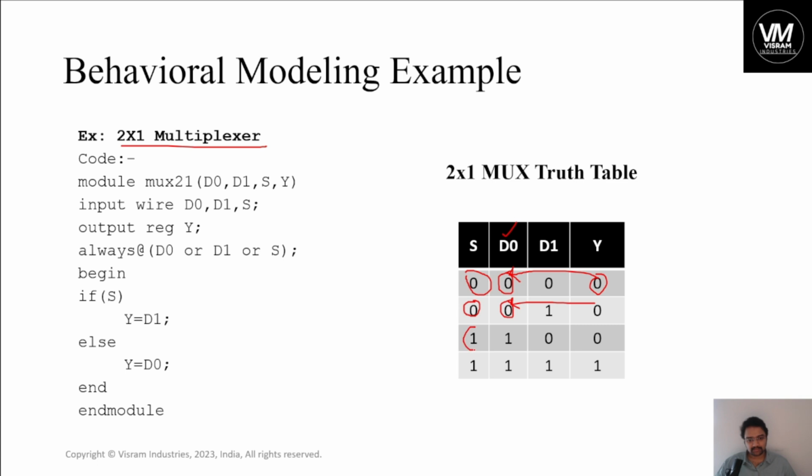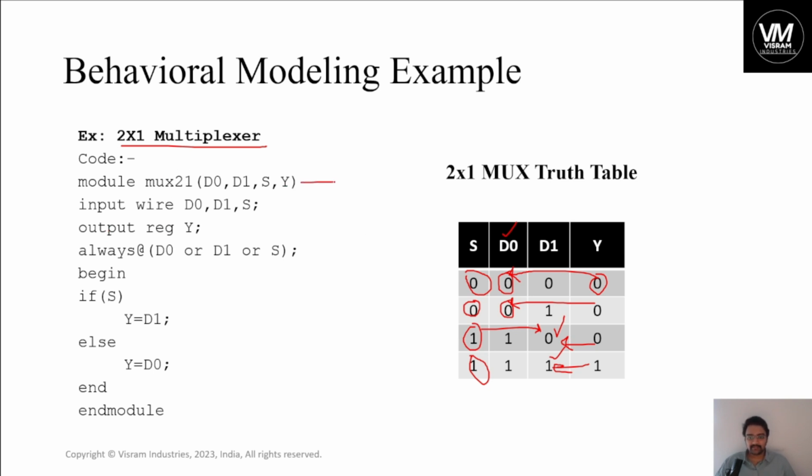So when s is equal to 1, d1 is the output. In the same way it is related here. Got it, guys? Now let us write the Verilog HDL code.